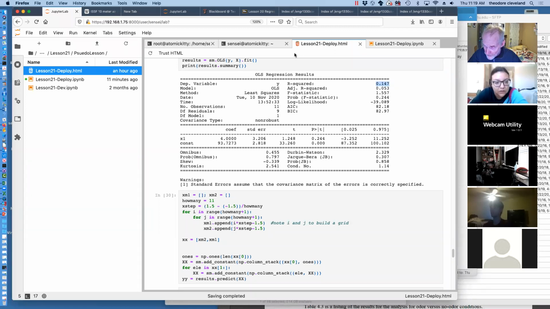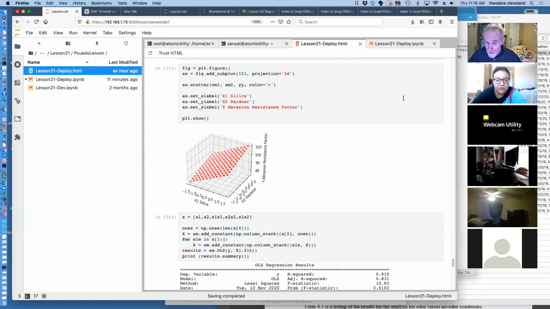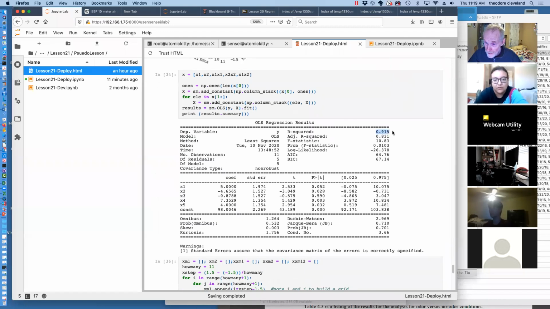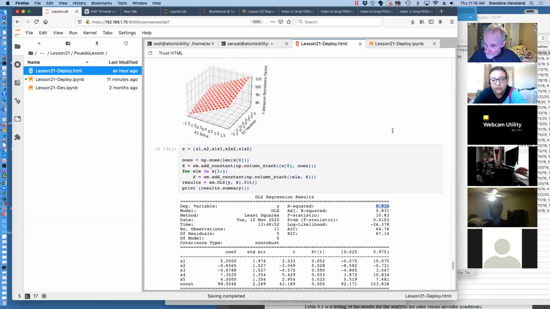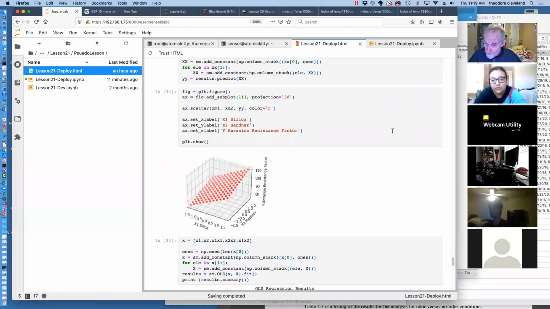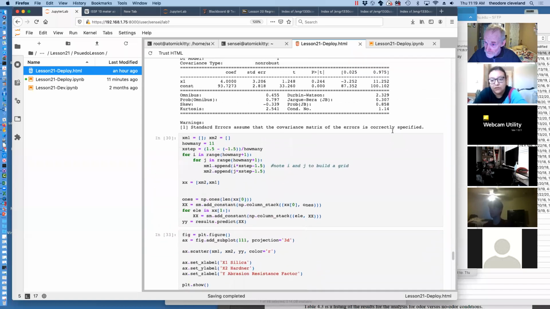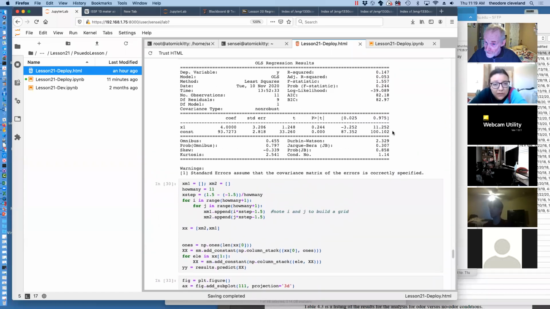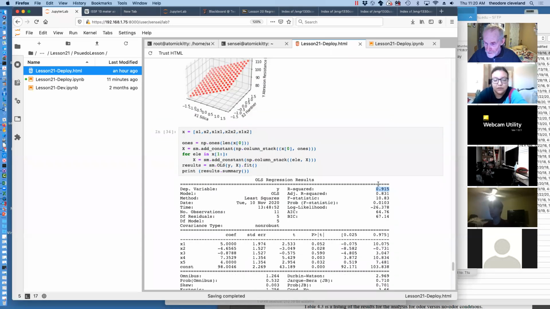So for the sake of discussion right now, let's pretend R-squared is our metric of goodness of fit. Our R-squared for the next model is 0.915. So using those two as measures of goodness of fit, which is the preferred model if R-squared is indeed the metric of awesomeness? The second one? Yeah, the second one. It has a much higher R-squared.